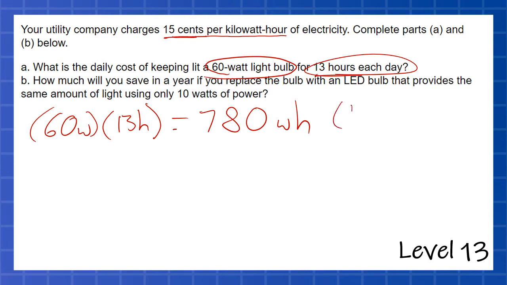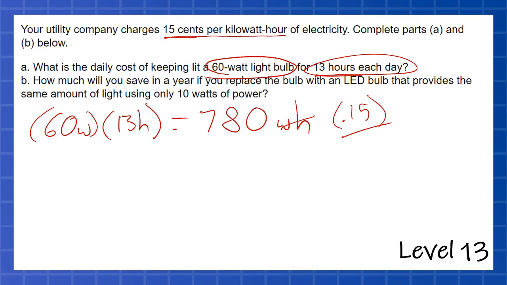Okay. They told me that they're going to charge me 15 cents per kilowatt hour. So if I multiply that by $0.15 per kilowatt hour, you'll notice that it actually doesn't cancel out because we have watt hours on the top and kilowatt hours on the bottom. So we need to kind of do some math here, okay? So what's the difference?